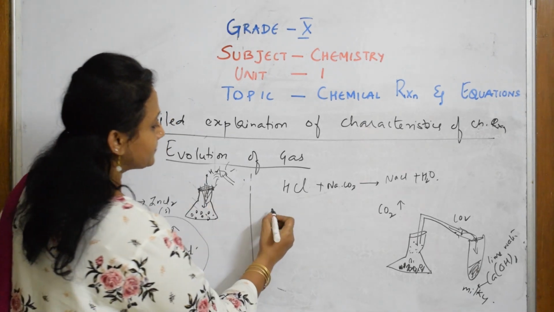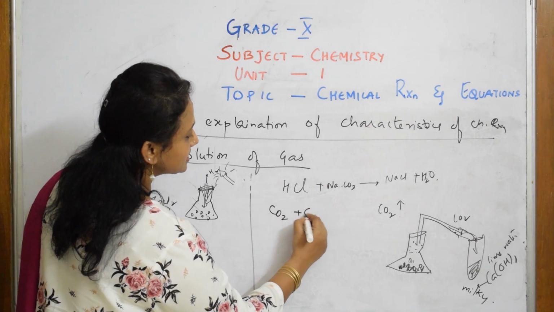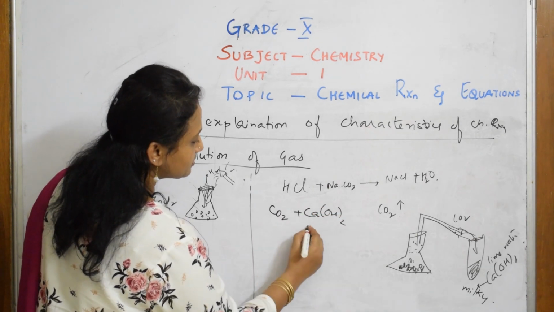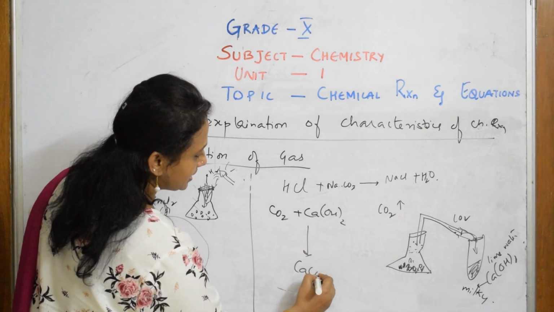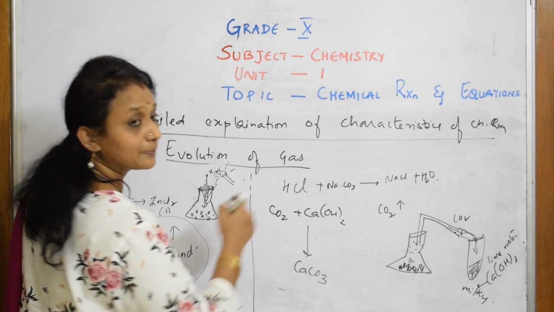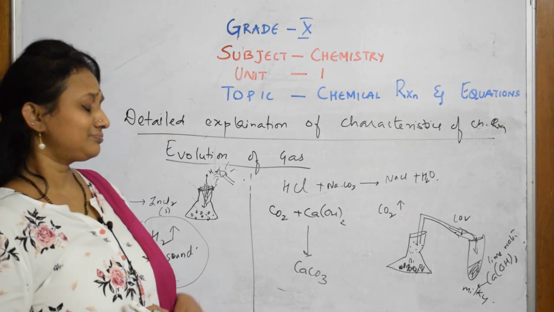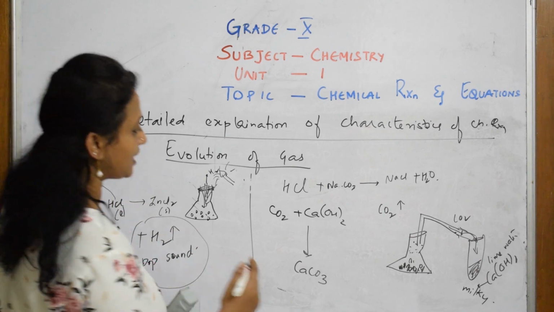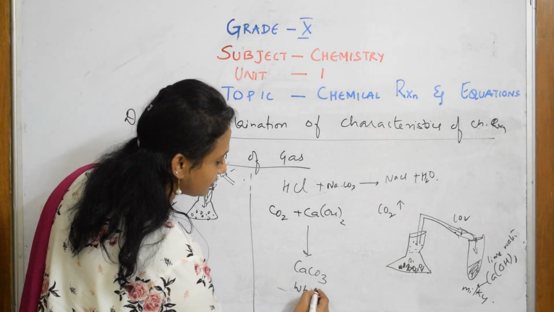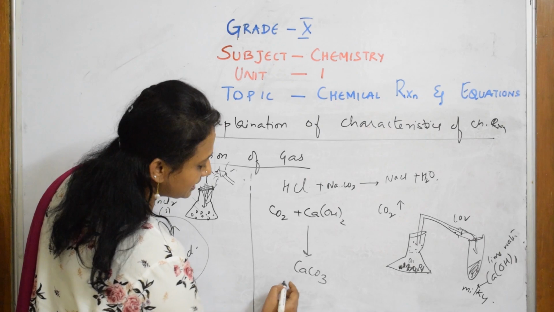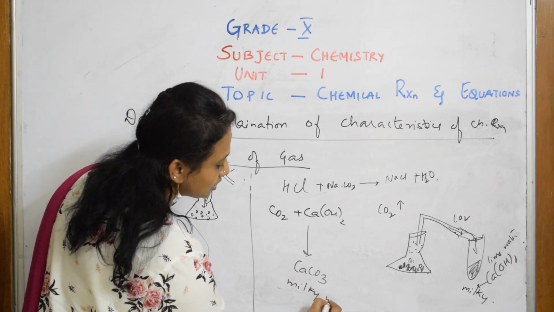So what is the reaction? Carbon dioxide plus lime water gives calcium carbonate. Calcium carbonate, right? As usual, calcium carbonate is a white precipitate, or it turns lime water milky. So this is milky white. So what is the conclusion of this?